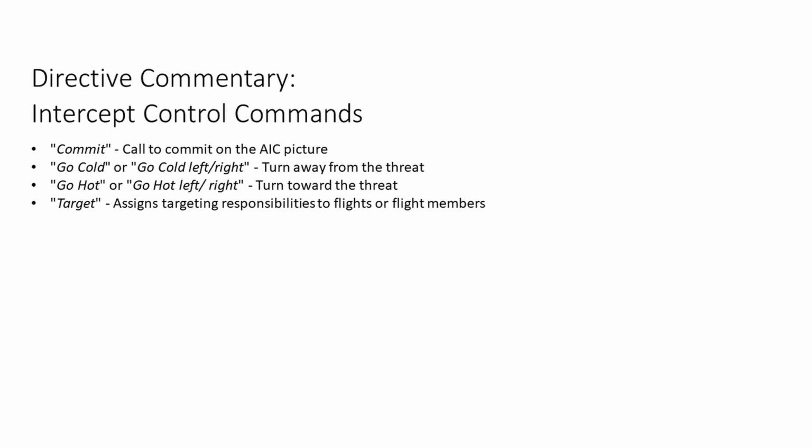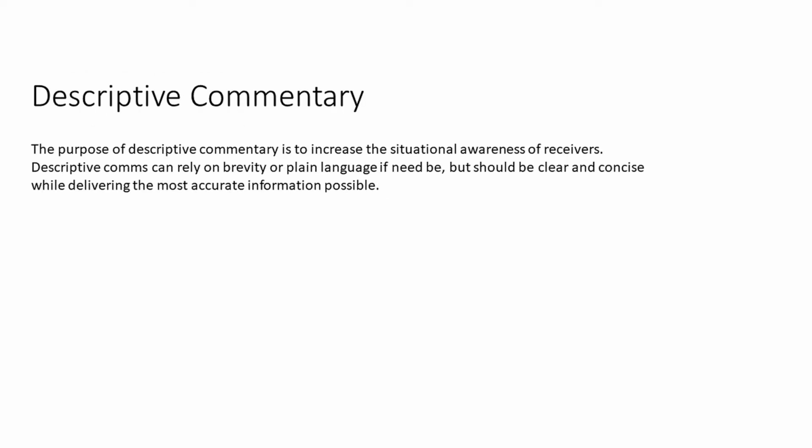Intercept control commands. Commit is a call to commit on the picture provided by the controllers, the AIC. Go cold, or go cold left or right: we're going to change our aspect relative to the threat and turn away from it. Go hot left or right is to turn towards the threat. And finally, target is for assigning targeting responsibility.